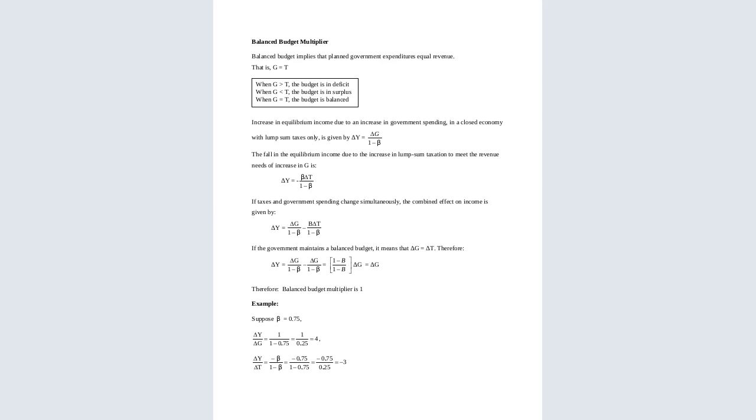Now, from our government multiplier, that is the government expenditure multiplier, which we computed in the previous section, in a closed economy, and where we have taken taxes to be lump sum, our multiplier is given by that function.